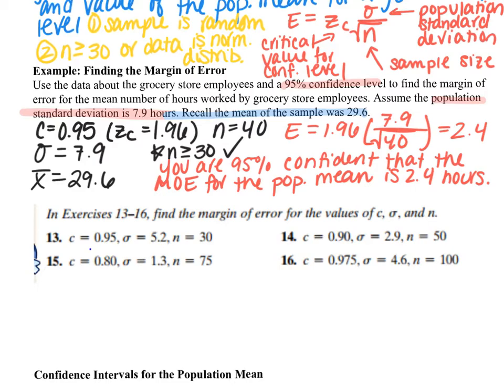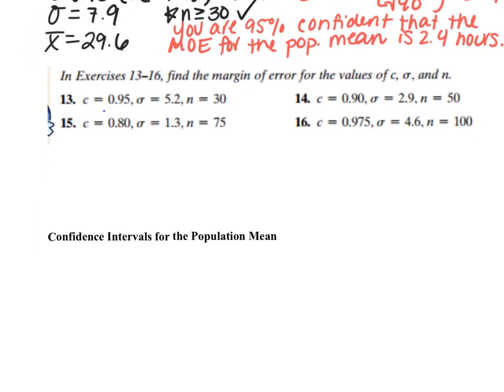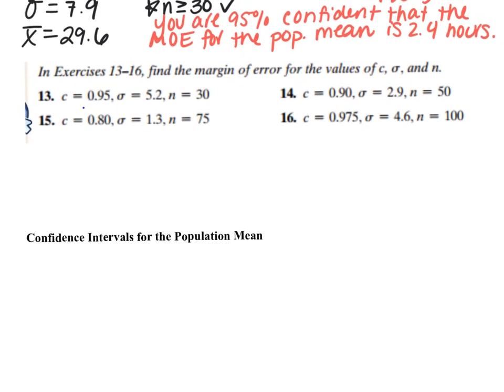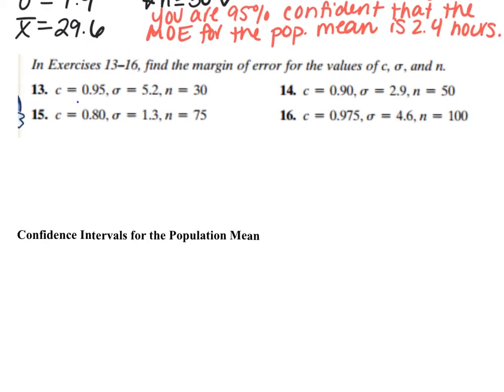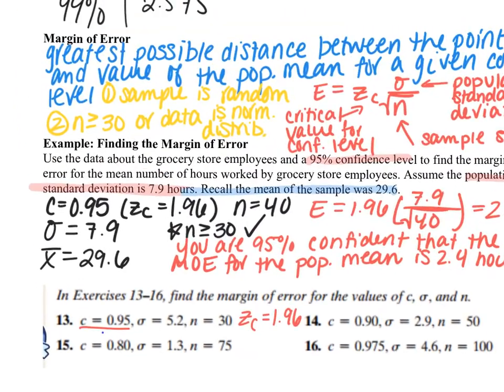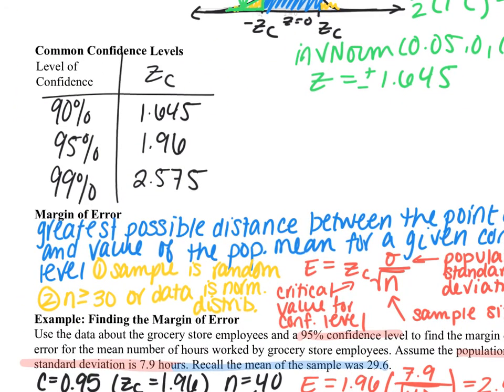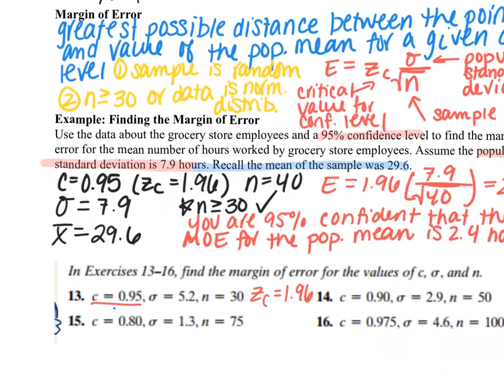All right, we're going to try a couple of these problems down here. We're going to do 13 and 15. 13's pretty straightforward because our confidence level is 0.95, which means our critical value is 1.96. Because again, that's a common one. You need to remember these common ones. You need to write them down. They'll be used pretty often.